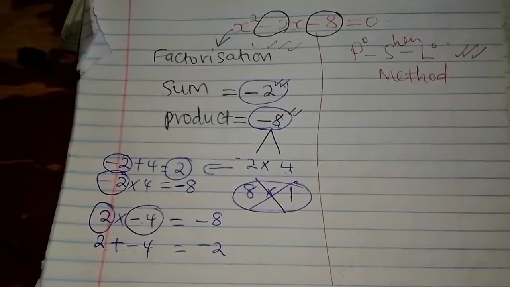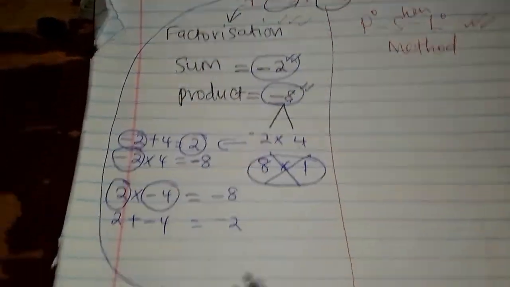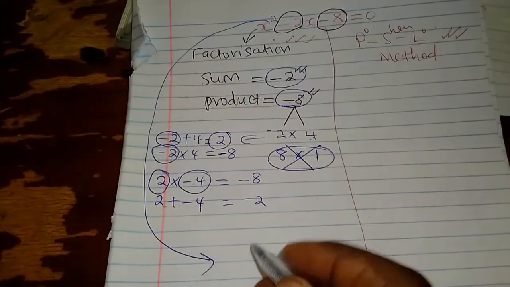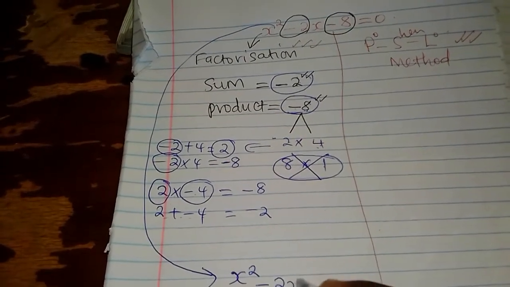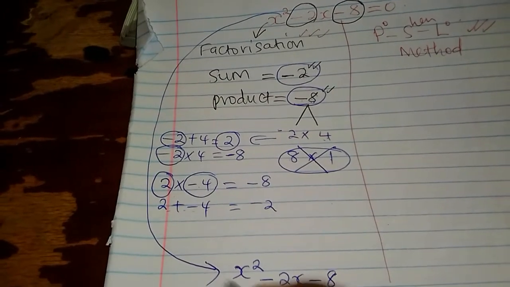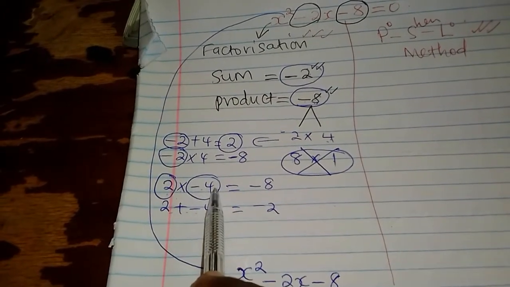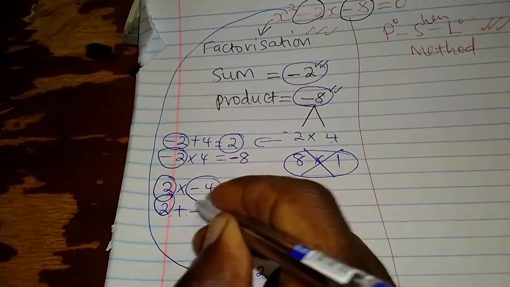Great. So I'll come here and pick this equation, write it there: x squared minus 2x minus 8. My numbers are 2 and negative 4.